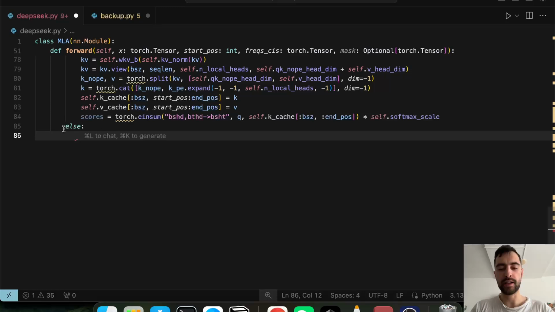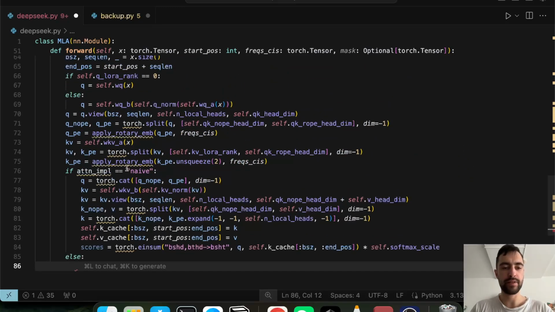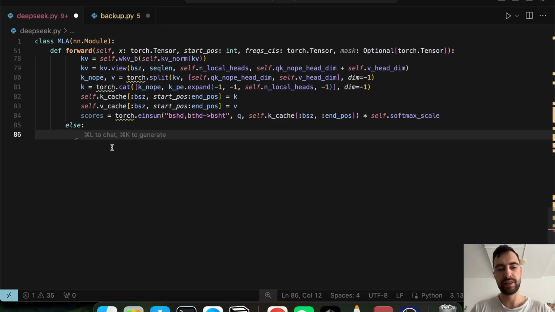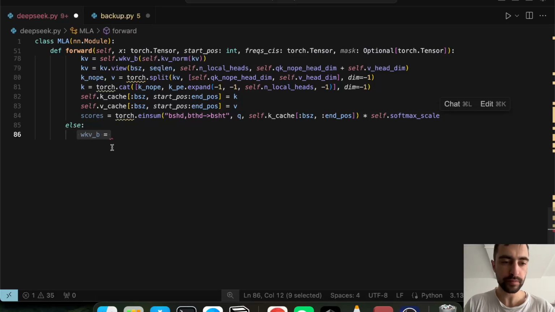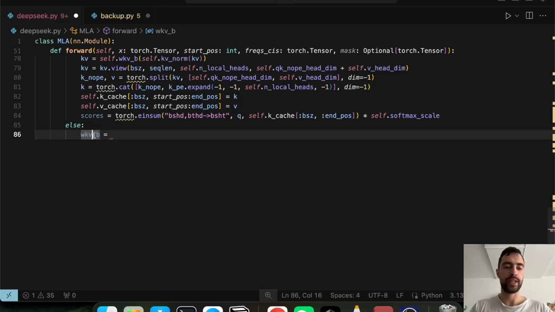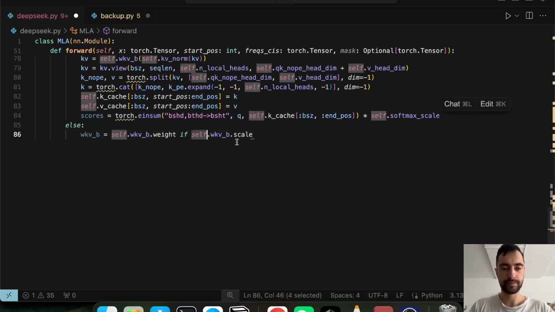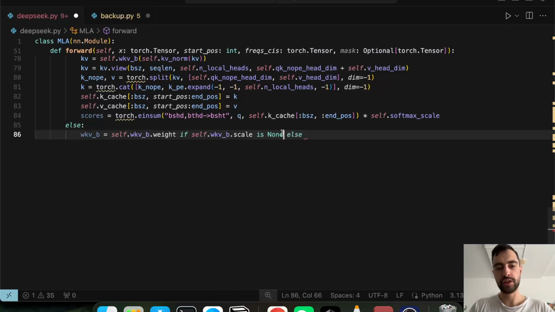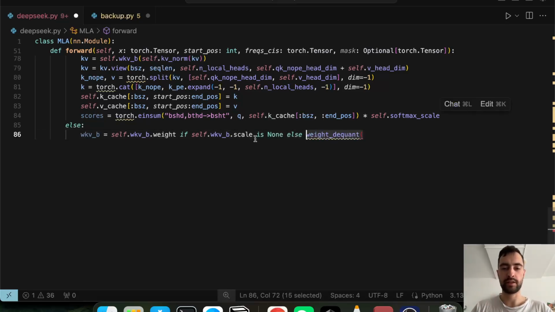Then we have else. If it's not the naive implementation, if we are using DeepSeek's implementation, we will do the following. We already have this, but we need to see if we need to dequantize these weights. The weights will remain the same if the scale is none, so if we don't use any quantization, and I will talk about quantization later.